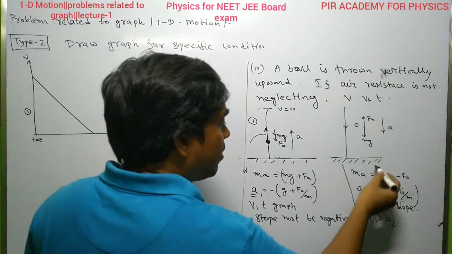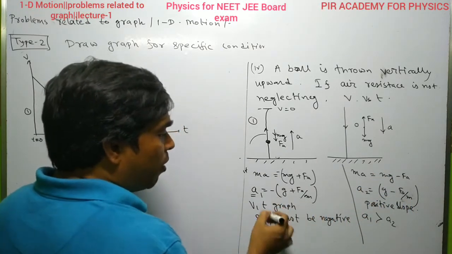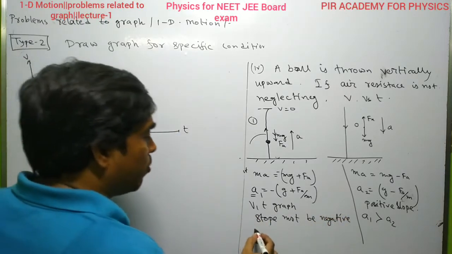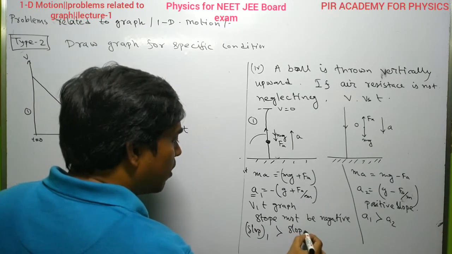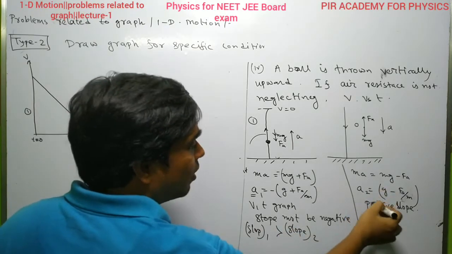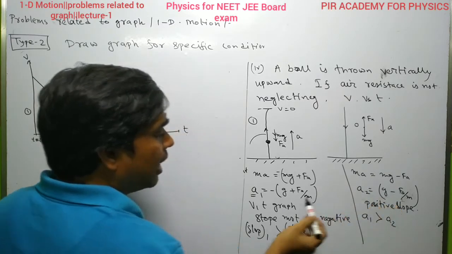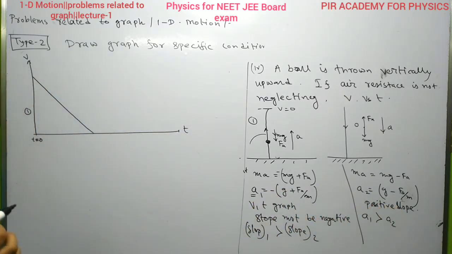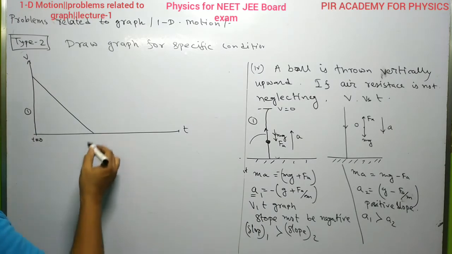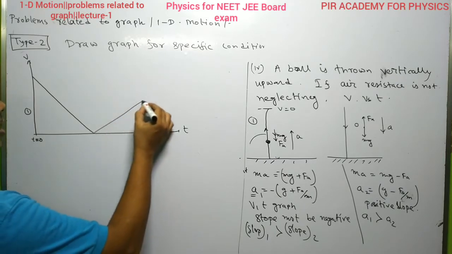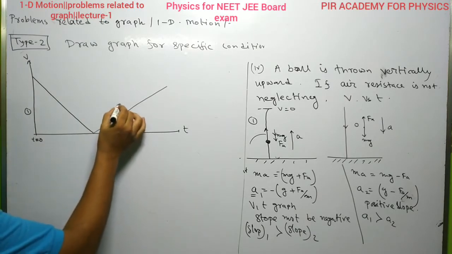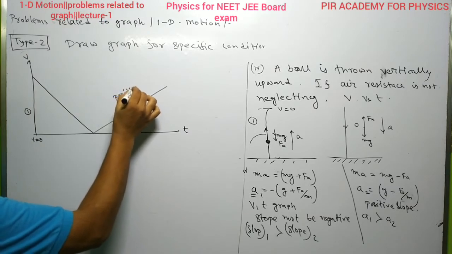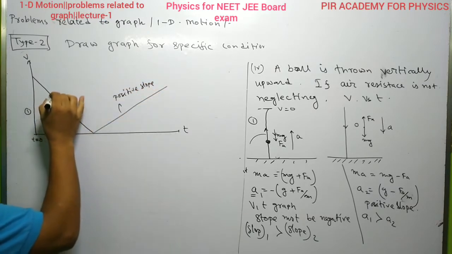So the slope of curve number 1 must be greater than the slope of curve number 2, because in this condition the acceleration is less and here the acceleration is greater. This is the negative slope and here is the positive slope.